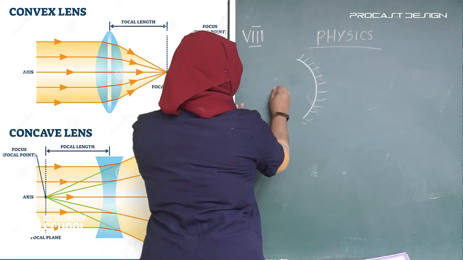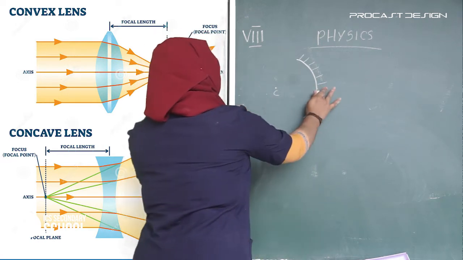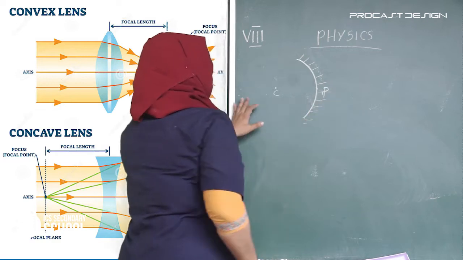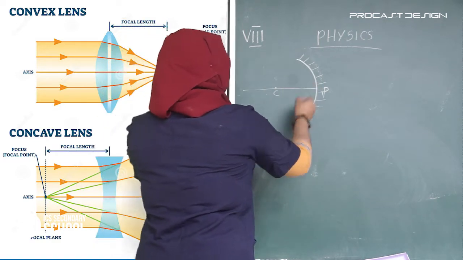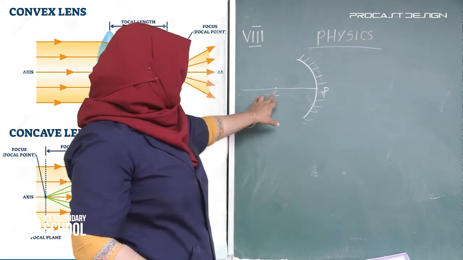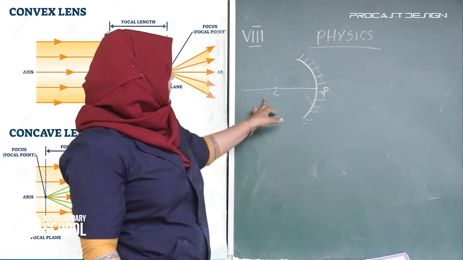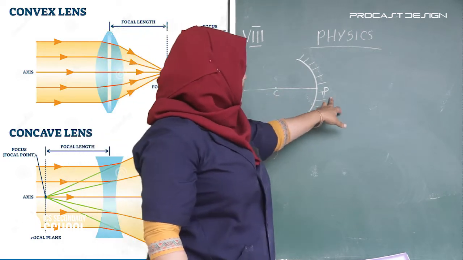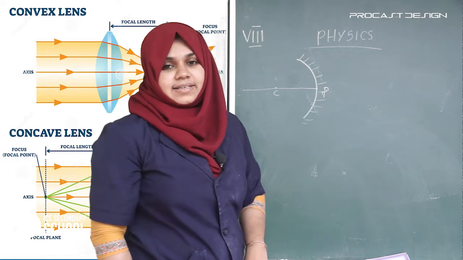Where is the center of curvature? See here, pole P here. So the straight line connecting C to P, the center of curvature and the pole of the mirror, is the principal axis.